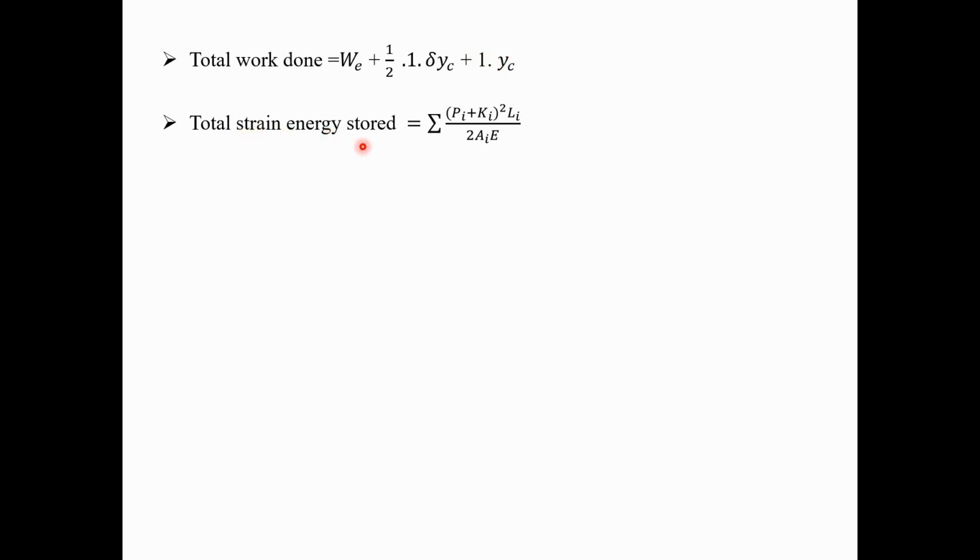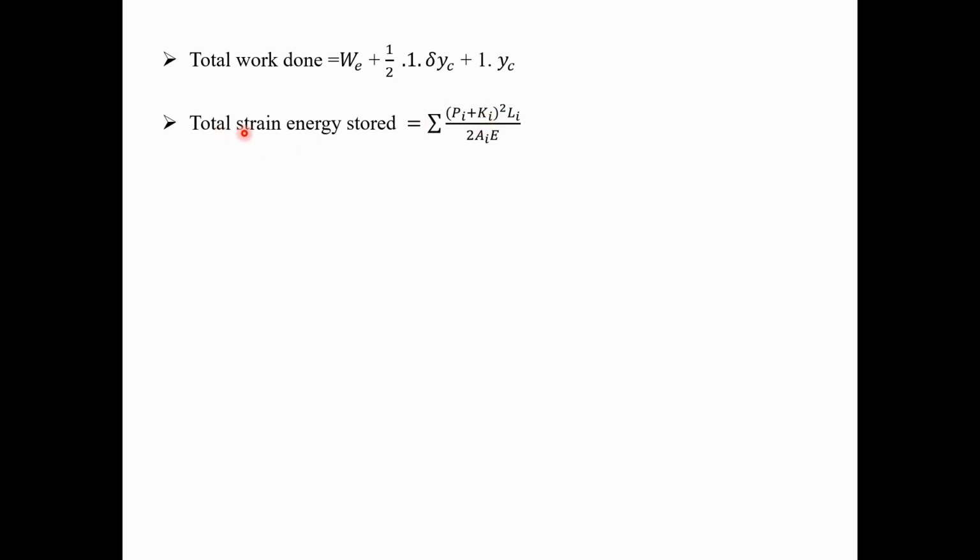Then the total strain energy stored changes, with the forces being the summation of the two: the forces developed in the members of the truss because of the external load, the P forces, and the forces in the members because of the unit load applied, the K forces.